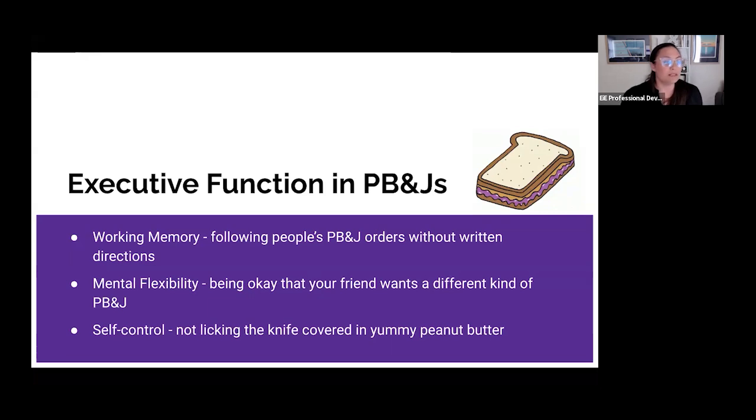Mental flexibility means being okay if that's not the way that you think a peanut butter and jelly sandwich should be made, right? You're like, no, peanut butter one side, jelly the other, cut into squares. What are you talking about? Knowing that that's okay for everybody. And then self-control is not licking the knife. Even though it looks really delicious and it's covered in peanut butter, don't lick the knife. There are consequences, right? Thinking about those consequences and knowing what you need to do.